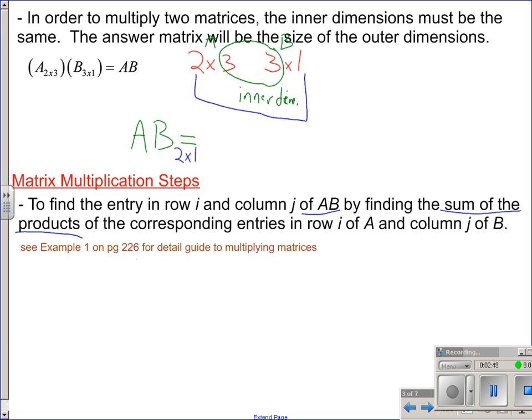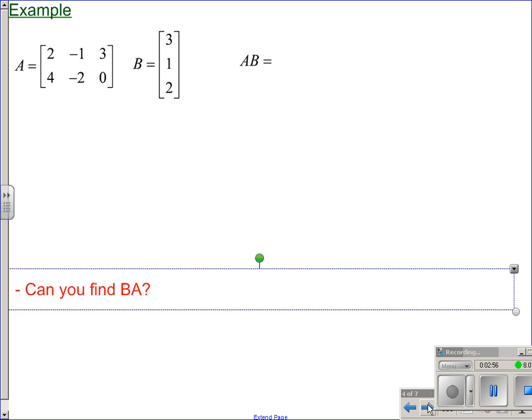On page 226 of your book, in example 1, they have a nice color-coded look at it. I'm going to do the same thing with this example. So, I want to do A times B. Again, you have to check the dimensions. Matrix A is a 2 by 3 matrix. Matrix B is a 3 by 1.